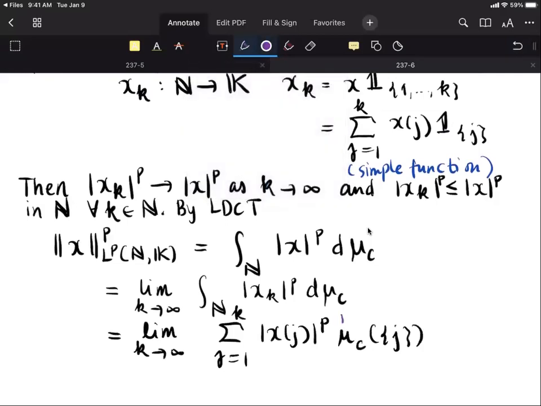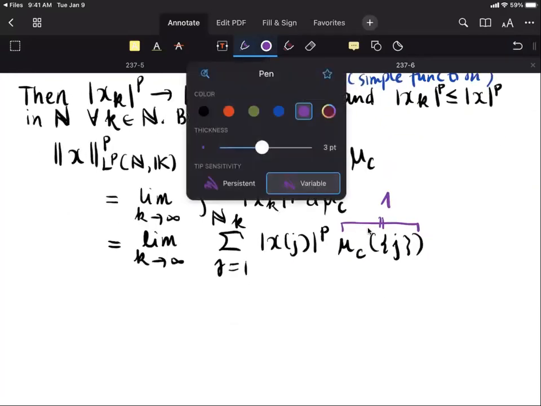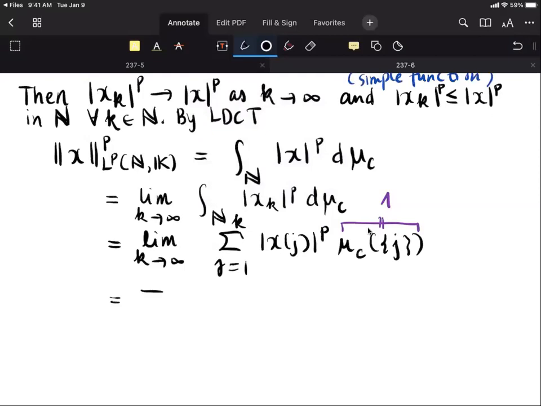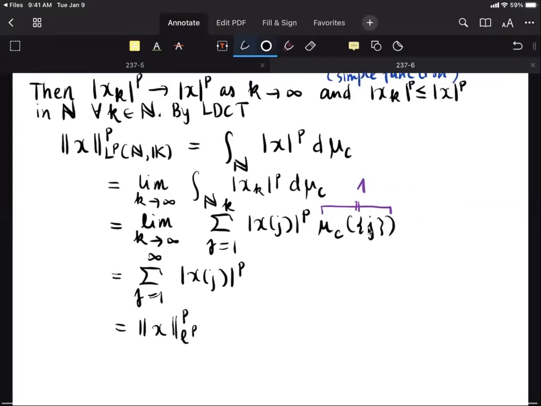This is a singleton, hence the counting measure is 1. And this is, in fact, the series of x_j raised to p. So let us now change this to infinity. And this is nothing but the little LP norm of the sequence x raised to the power p.